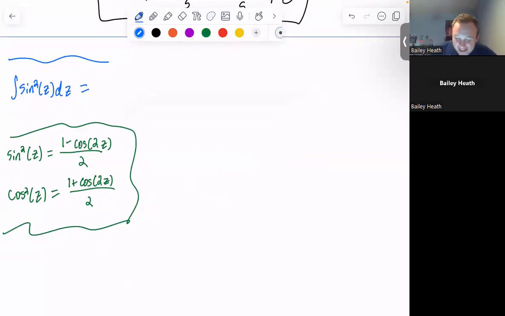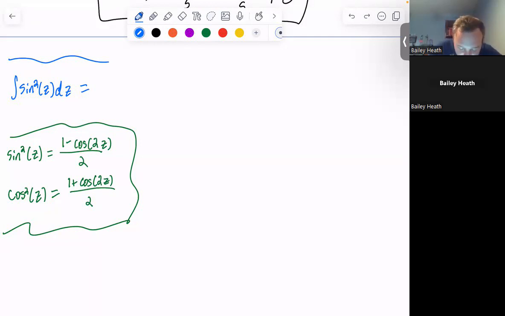The trick that I use to remember which one is which is that the cosine formula gets a plus rather than a minus, because the cosine formula naturally should have more cosine in it. That's a silly way to think about it that my Math-152 students are sick of hearing me say, but hopefully it'll help you remember this.